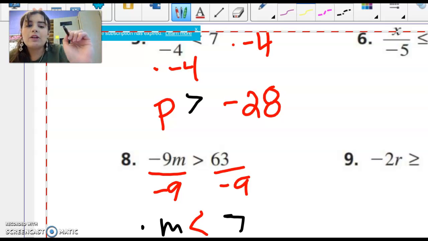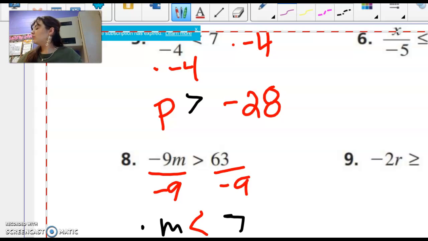So our last step here, we got to solve. You're going to divide by 9.50. Divide by 9.50. And H is greater than or equal to 26.